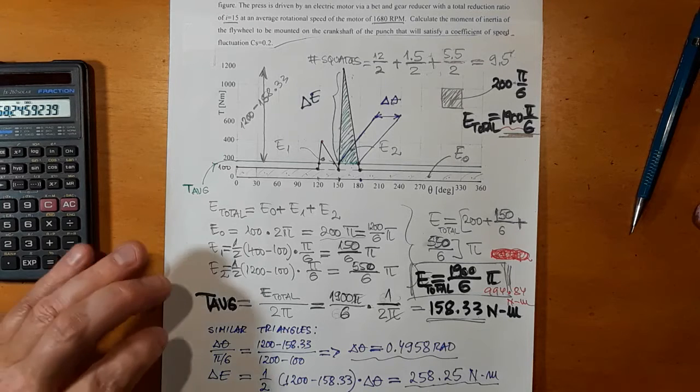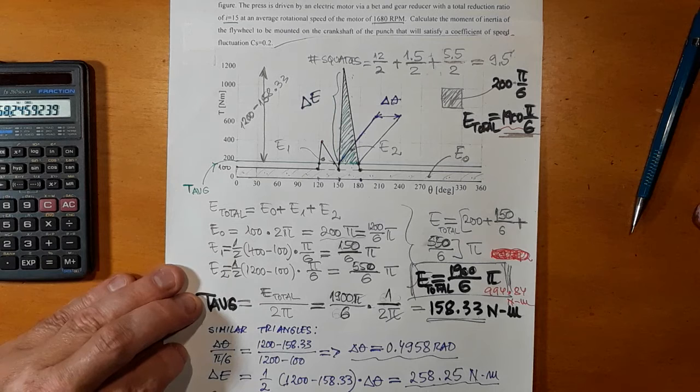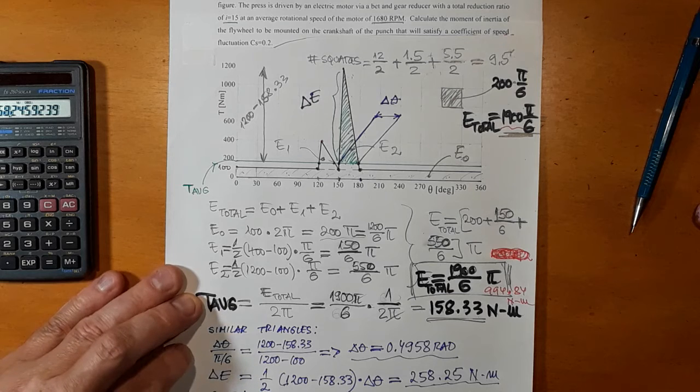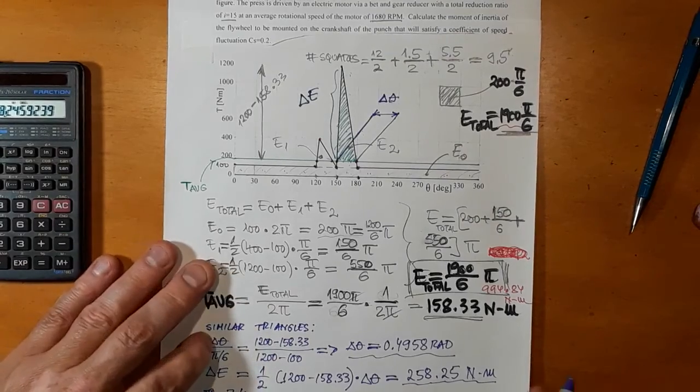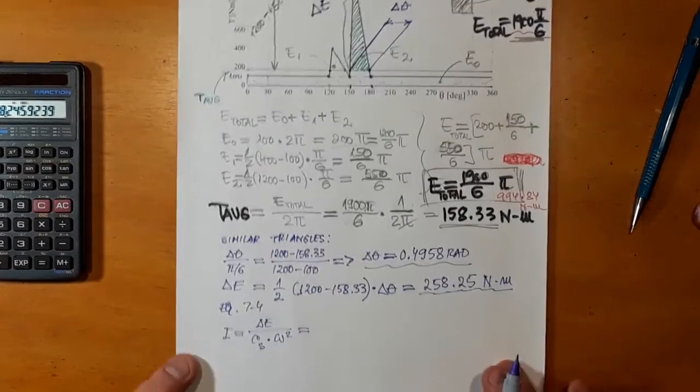And again, the equation to use is 7.4. And we have moment of inertia of the flywheel as delta E over coefficient of speed fluctuation times omega squared. Omega in radians per second of the crankshaft.